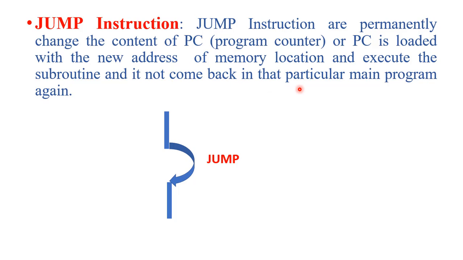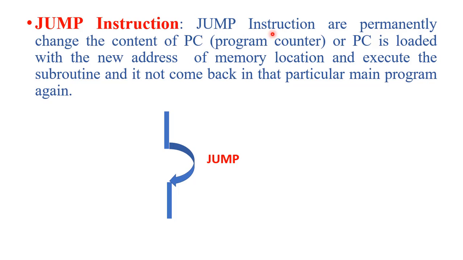Again I will tell you what you mean by jump instruction. Jump instructions are basically used to change the content of the program counter permanently. What is the program counter? The program counter is basically a 16-bit register that holds the address of the program memory from where the next instruction is to be fetched and executed.